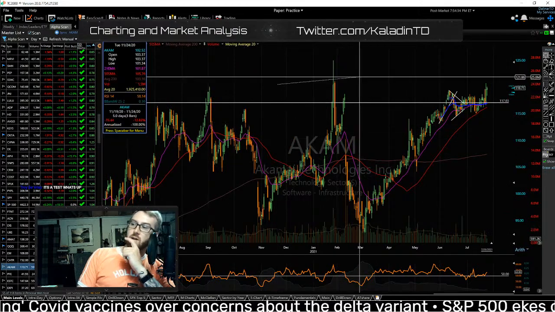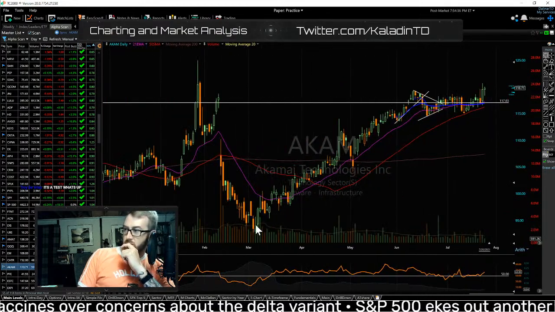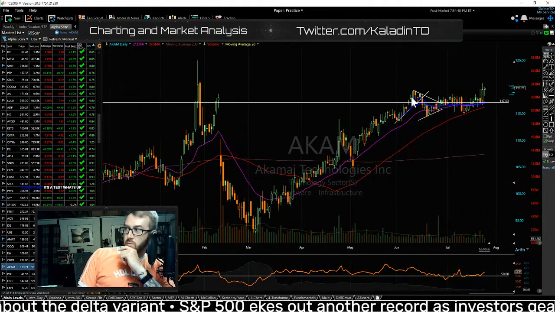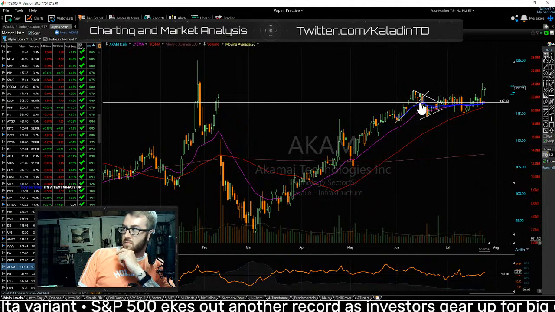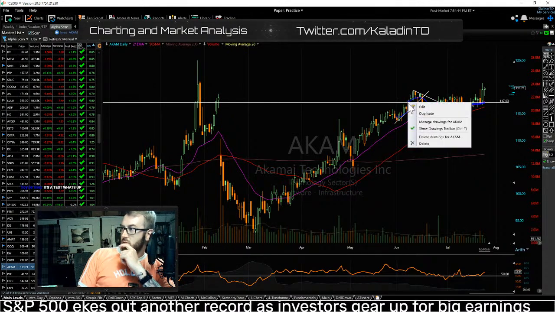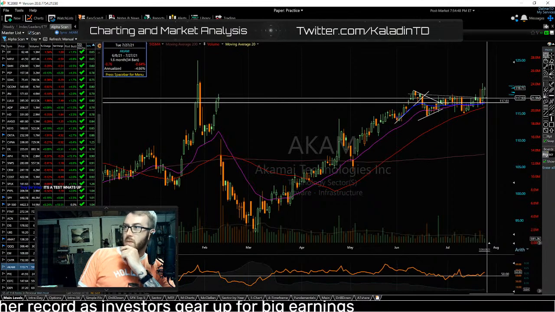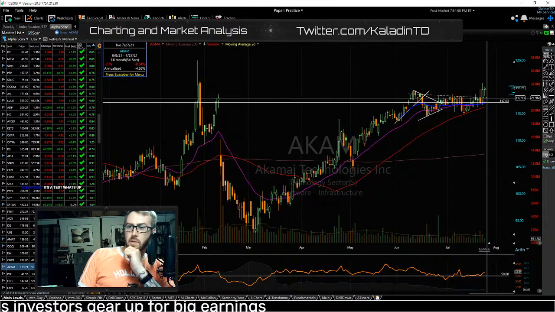This could be a nice double bottom here. Moved up almost 30%. No, it's just been basing for about a month and a half.